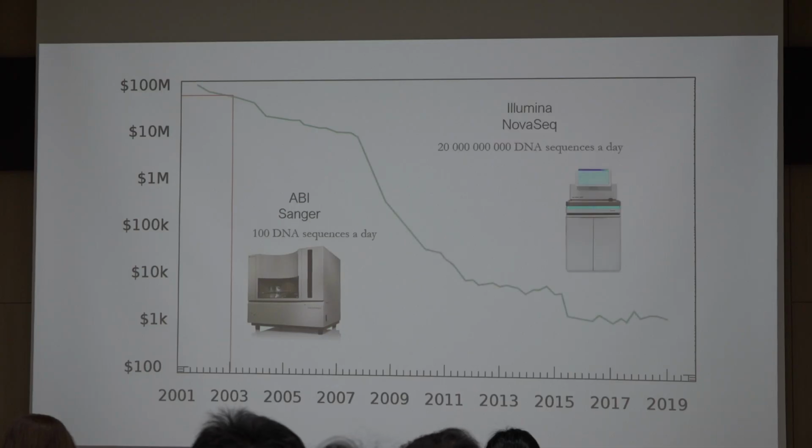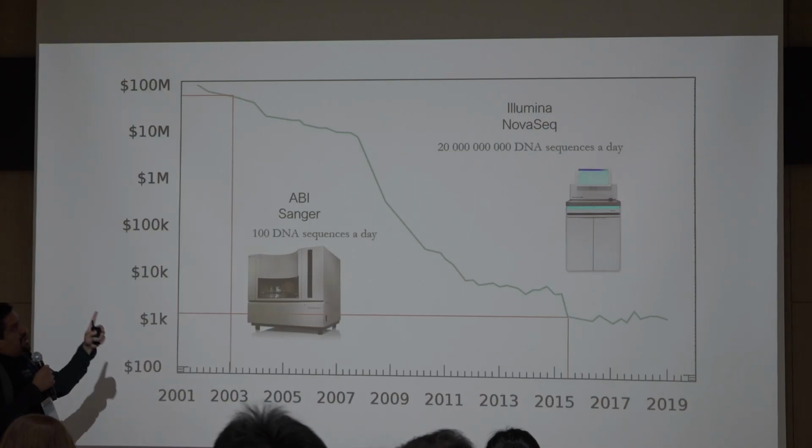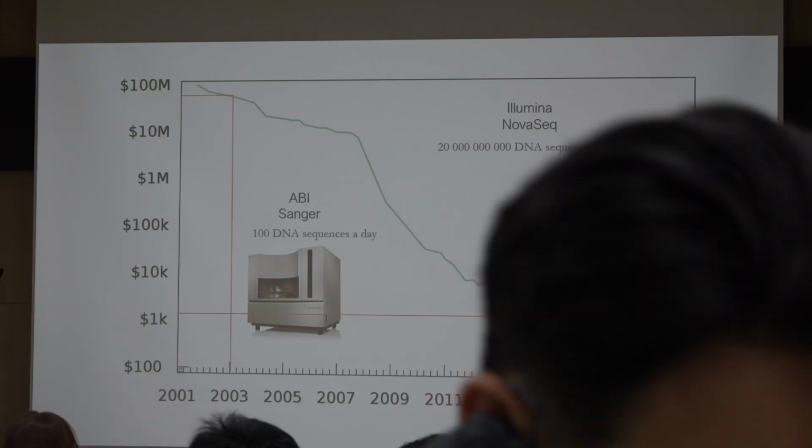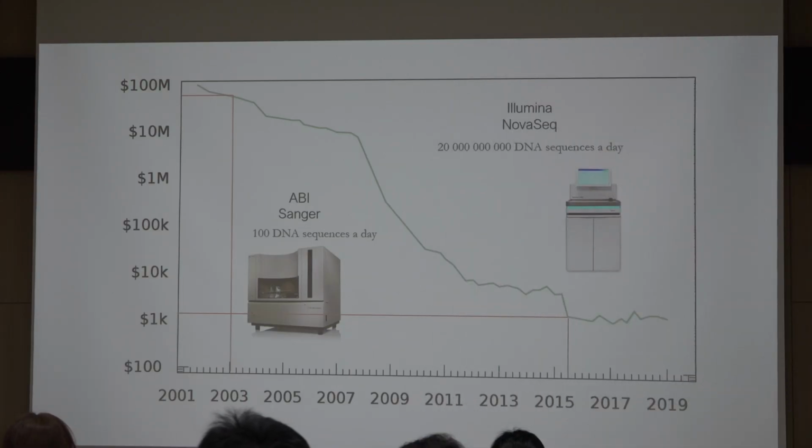So then we had what we call next generation sequencing, and from that point onwards we have been able to sequence many more sequences per day, but also the costs dropped significantly. So we went from around $100 million by the time that we reported the first draft of the human genome.